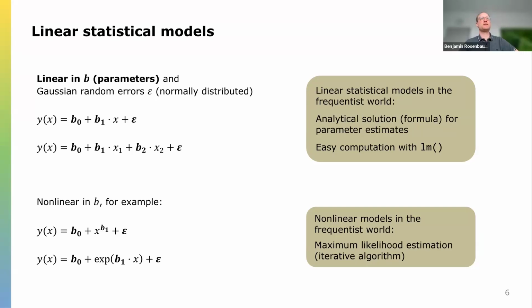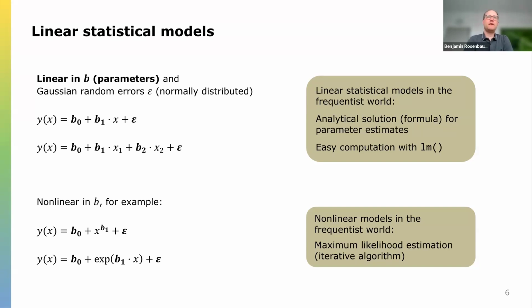A linear statistical model is defined to be linear in the parameters. Here's just one parameter, and the second parameter is just multiplied with the predictor. Additionally, a linear model also has an error term, which is the residual, and usually we assume that this is normally distributed. If you extend this to more predictors, this still is a linear model, because we just have 3 parameters and the model is linear in all of these 3 parameters.